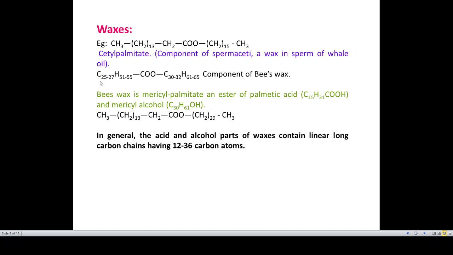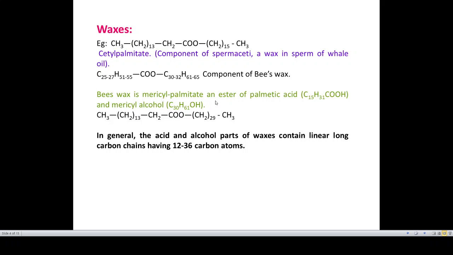The other common wax is beeswax, and the molecular formula goes as follows: C25 to 27, hydrogen being 51 to 55, with an ester linkage, and the alcohol component having 30 to 32 carbon atoms, and the hydrogen can vary between 61 to 65. Chemically, beeswax we call by the name myricyl palmitate.